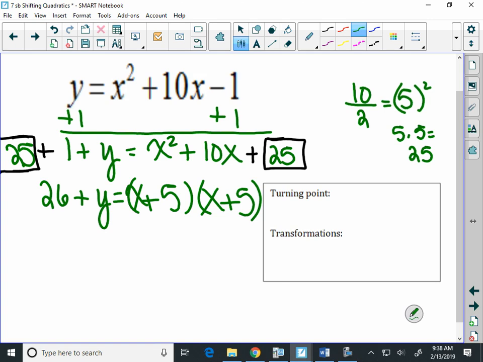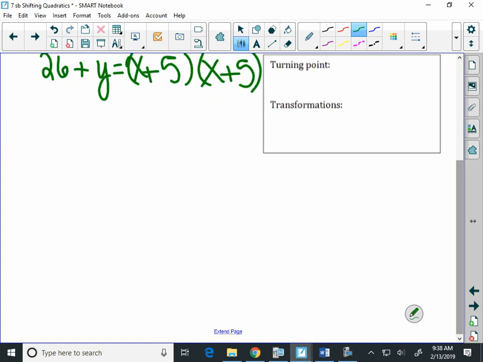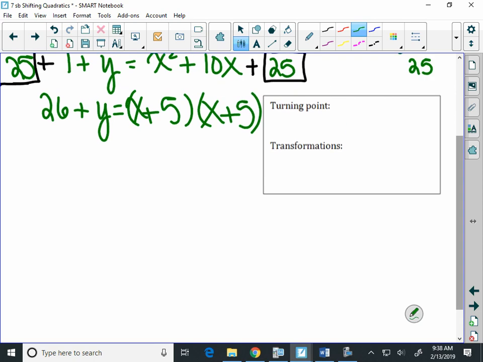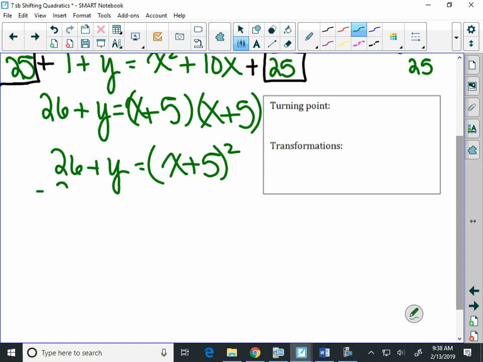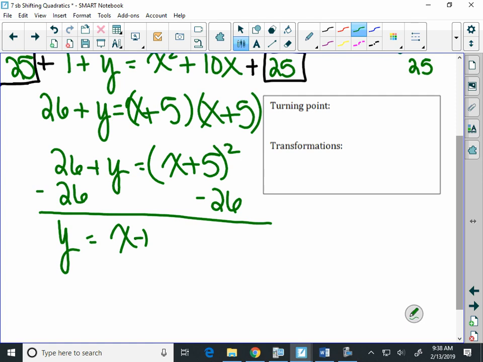Now we're going to condense it down. So we end up with 26 plus y equals (x plus 5) squared. And lastly, to write this in vertex form, we're going to move the 26 over to the other side by subtracting 26. We get y equals (x plus 5) squared minus 26.